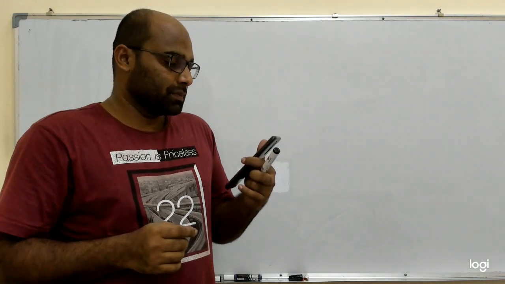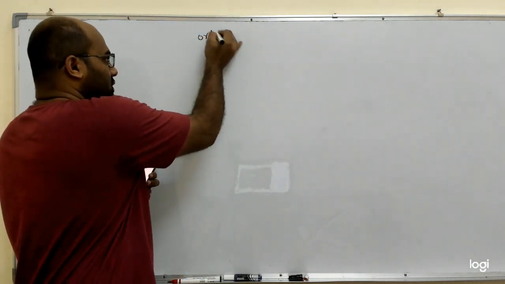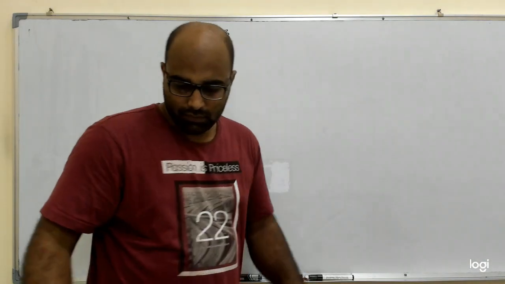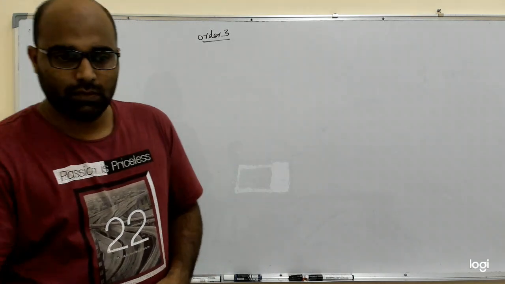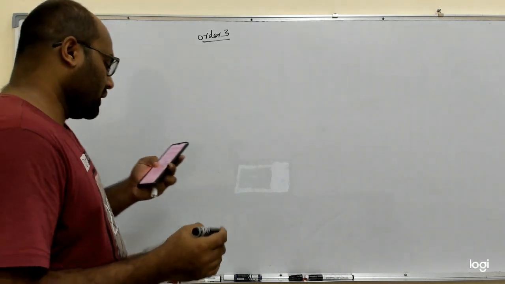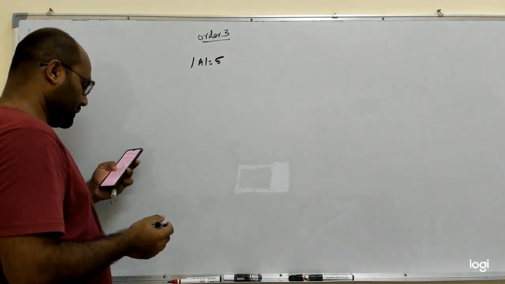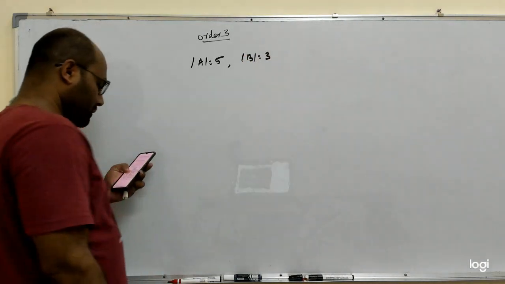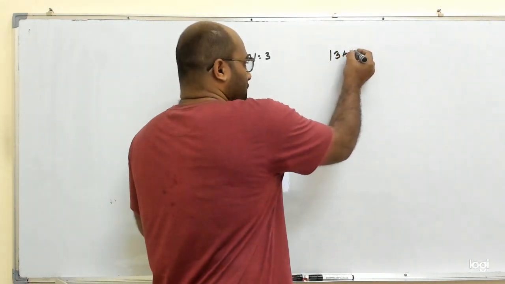If A and B are square matrices of order 3, and determinant of A equals 5, determinant of B equals 3, find the value of determinant of 3AB.